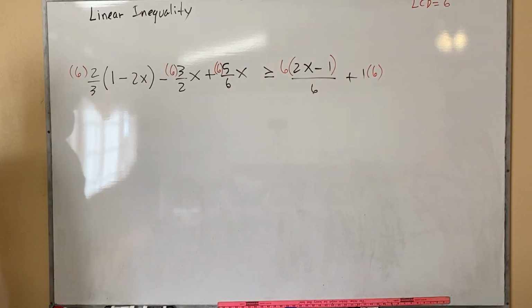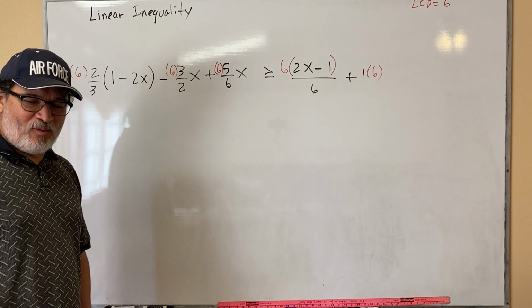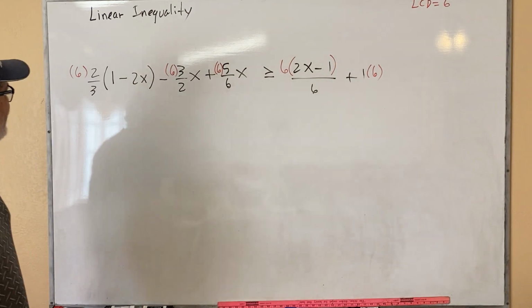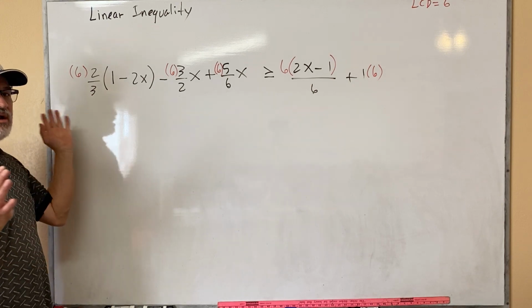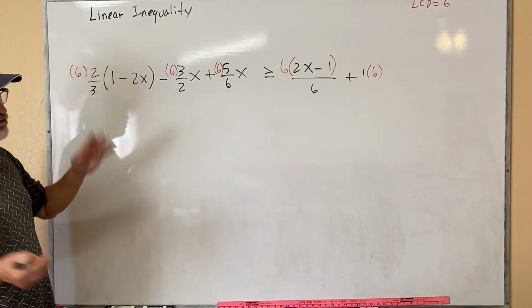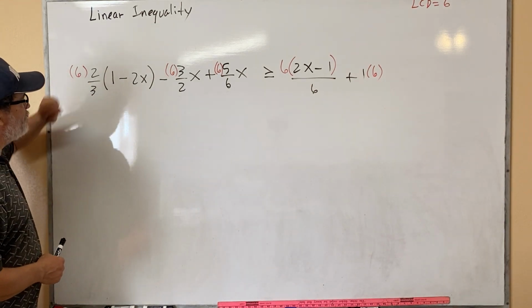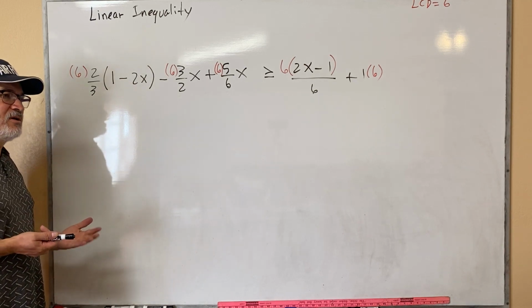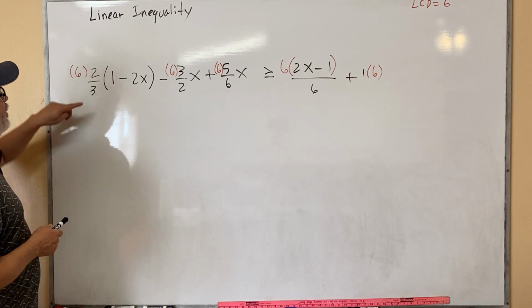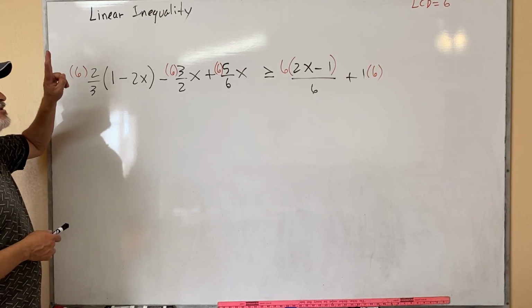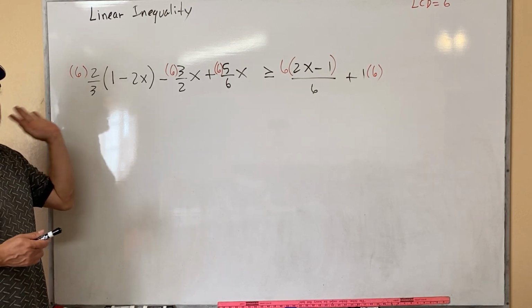All right. Now, we're going to simplify. I'm not going to worry about this parenthesis until this fraction is gone. There are 2 different ways. You can multiply 6 times 2, which is 12, divided by 3, which is 4. Or you could say 3 goes into 6 2 times, and that 2 times this 2 is 4 again.